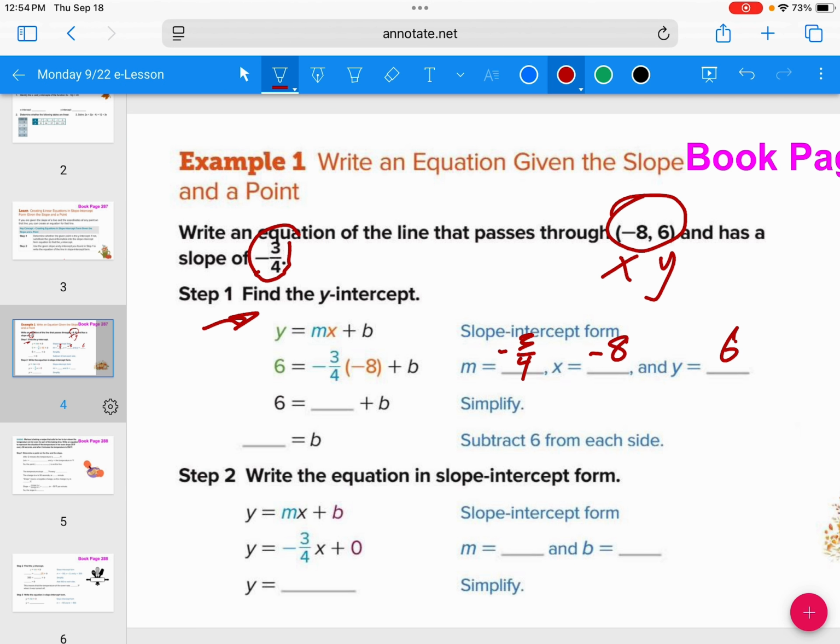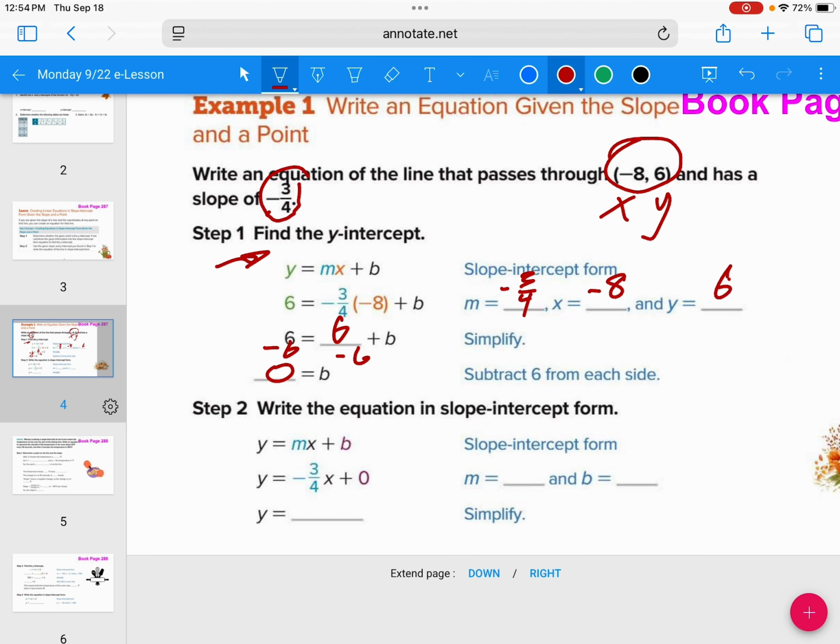When we start simplifying and solving, -3/4 times -8 is going to give us +6. So when I subtract this 6 from both sides, I end up with 0. b equals 0.